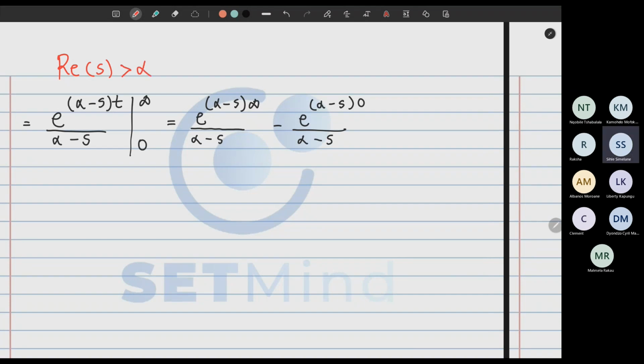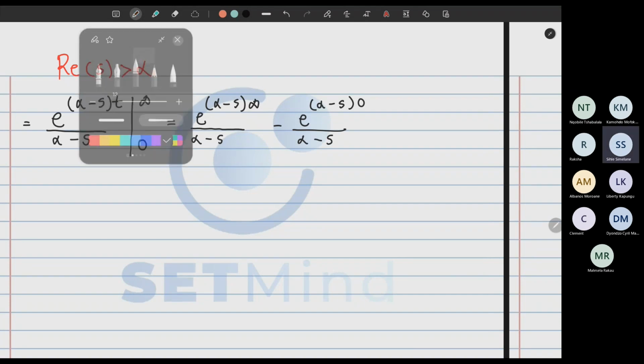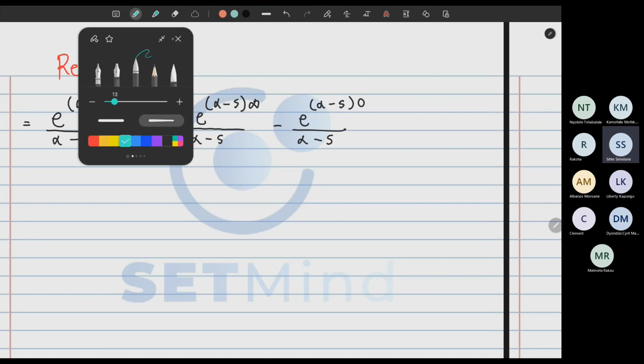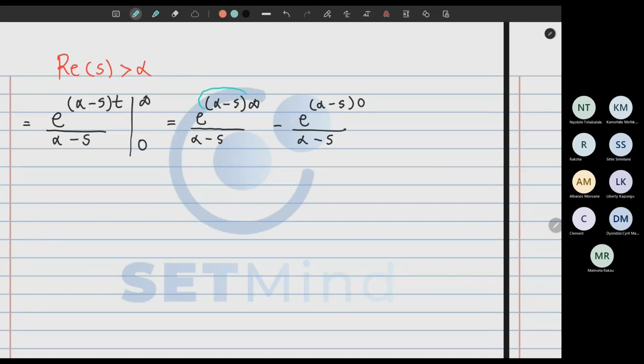So if that's the case, then if you think carefully, this exponent here is actually negative.